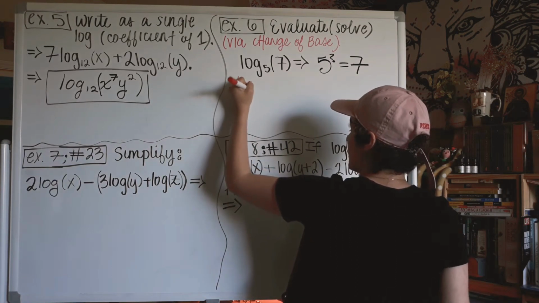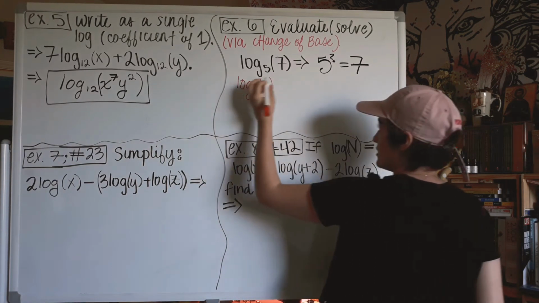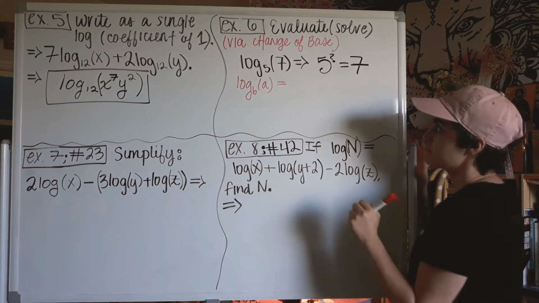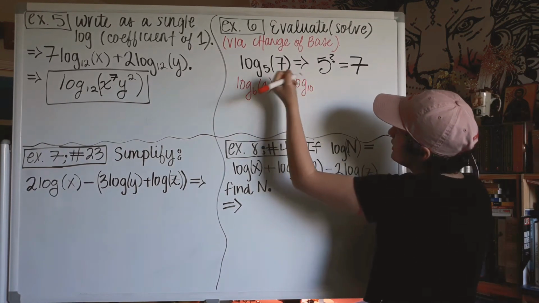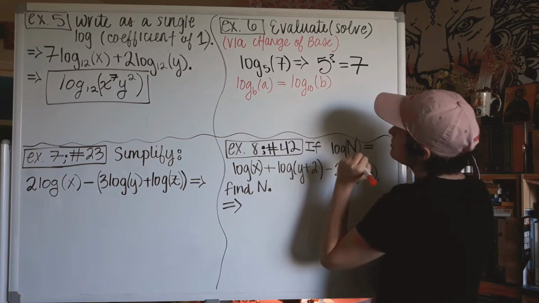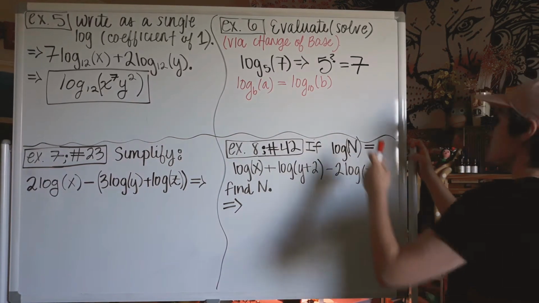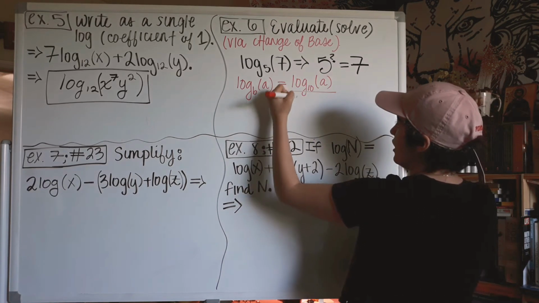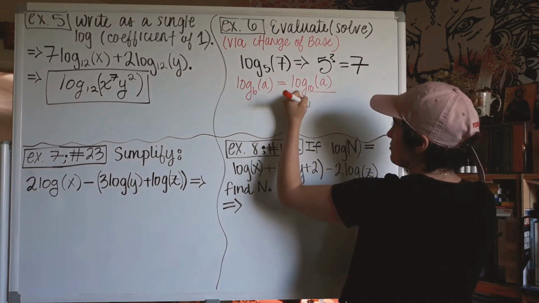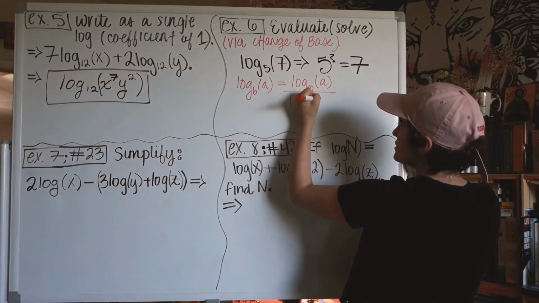Log base B of A equals log base 10 of A over log base 10 of B.